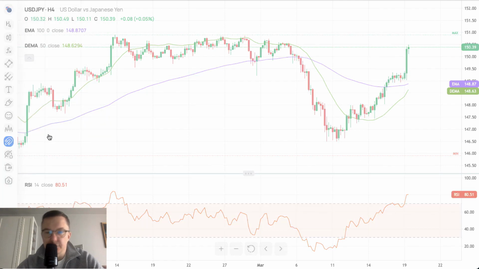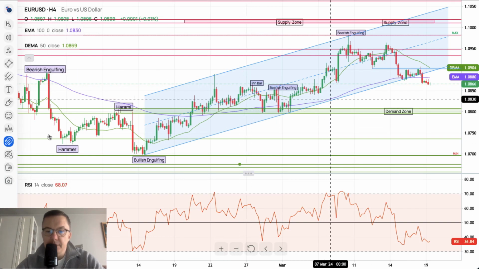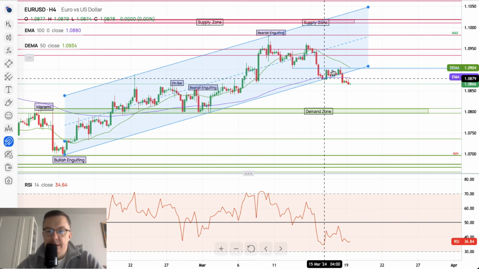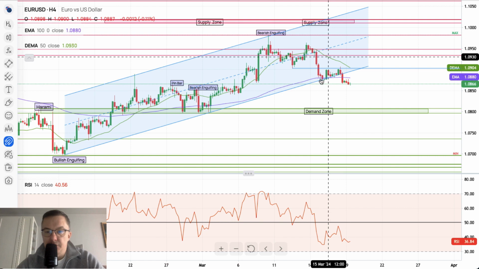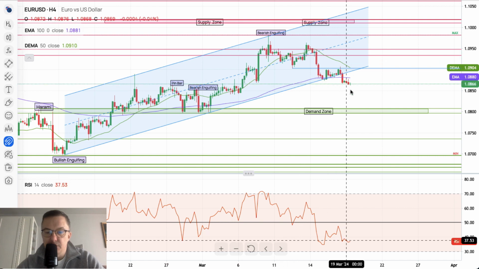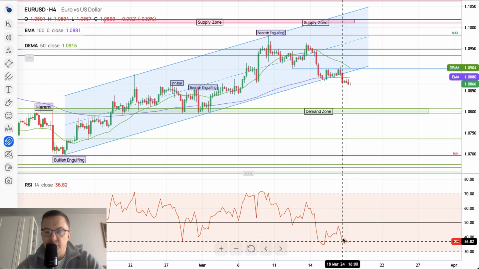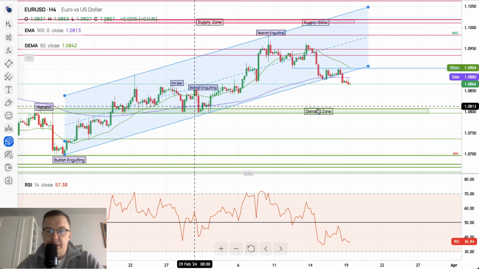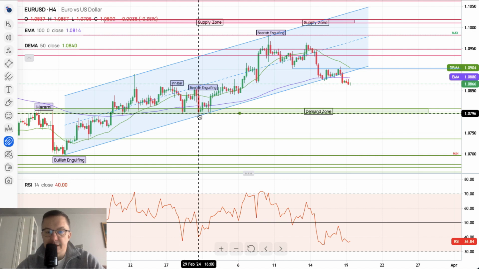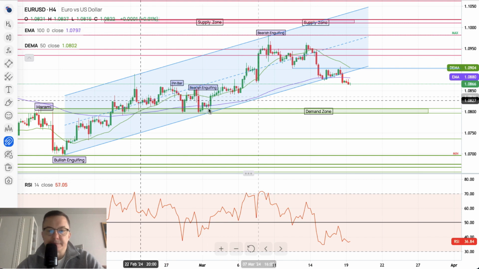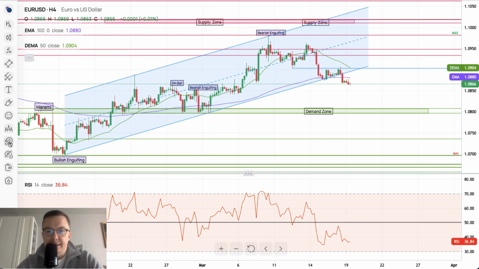Let's take a look at the euro dollar. Why? Because the euro dollar is out of the channel. It's out of the channel, below the 50 and 100 period moving averages, pointing to the downside with negative momentum on a 4-hour chart. Next stop is the demand zone, located here between 1.0798 and 1.0808, I guess. That's the correct level.